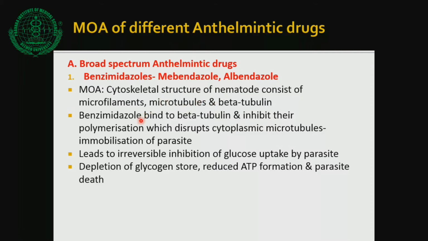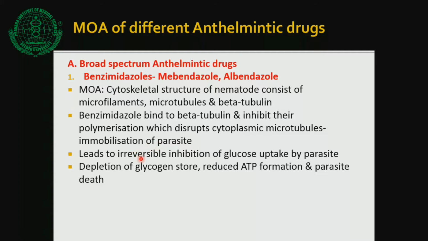So what these drugs Albendazole and Mebendazole, the benzimidazoles, do is bind to beta tubulin and inhibit its polymerization, because of which they disrupt the cytoplasmic microtubules and immobilization of the parasite occurs. I am repeating, they bind to the beta tubulin and inhibit the polymerization of beta tubulin, because of which disruption of cytoplasmic microtubules and immobilization of the parasite occurs.